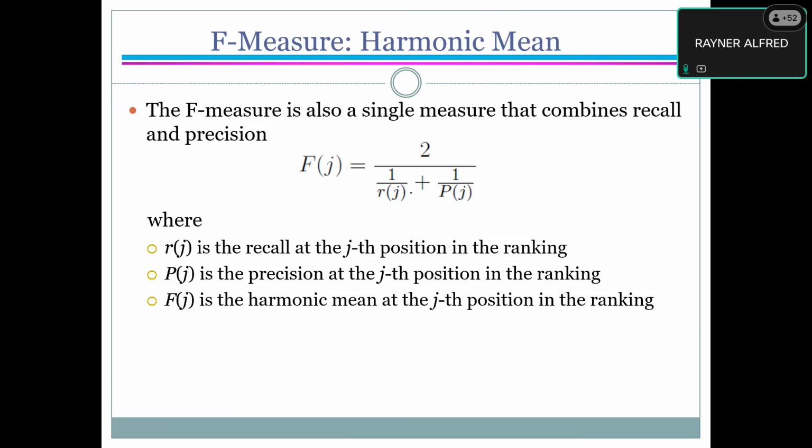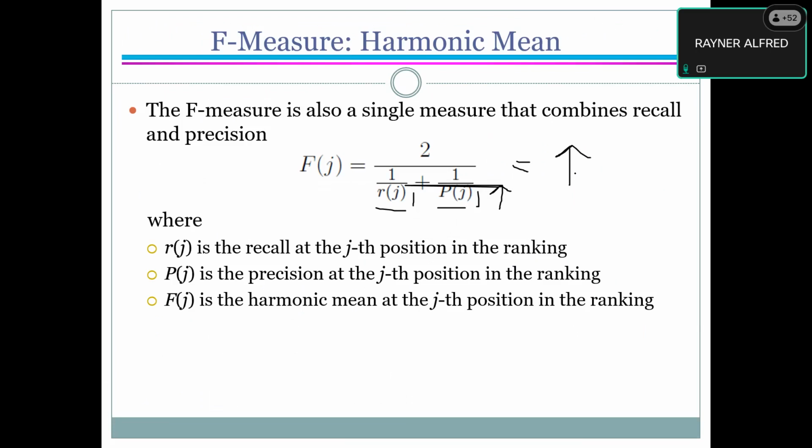So imagine that if this is 1, this is 1, okay? And the whole value will be 1, right? So the F measure takes into consideration the recall and precision at the same time. Okay, so whenever recall and precision are higher, the value for the F measure will be higher.